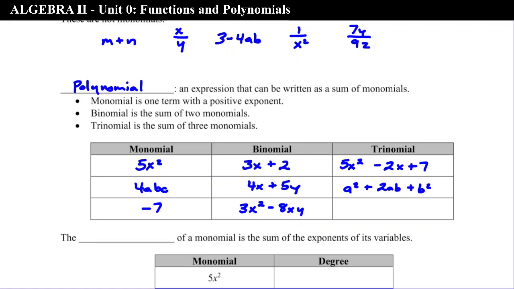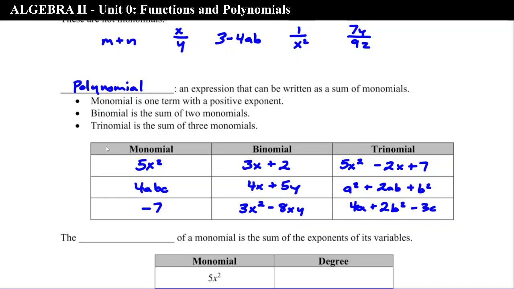In fact, that's not just a trinomial, it's a perfect square trinomial, which we'll be talking about more a little bit later in this video. And then finally, here's one more example of a trinomial, 4a plus 2b squared. And we need one more term, so minus 3c.